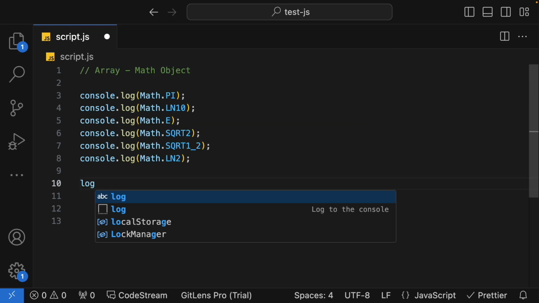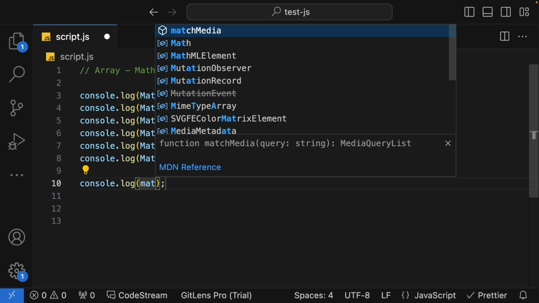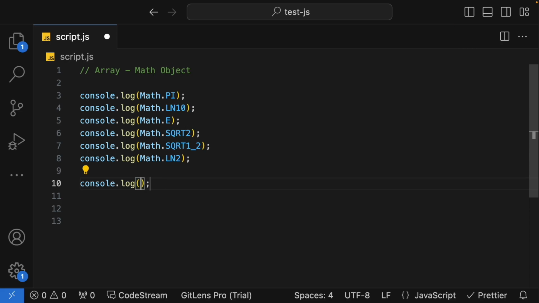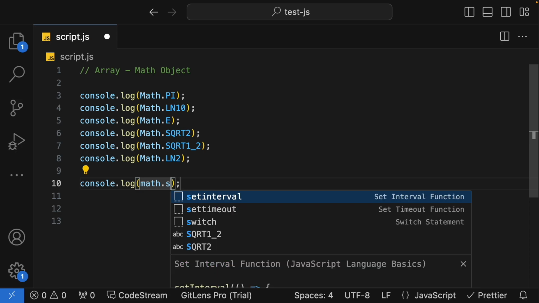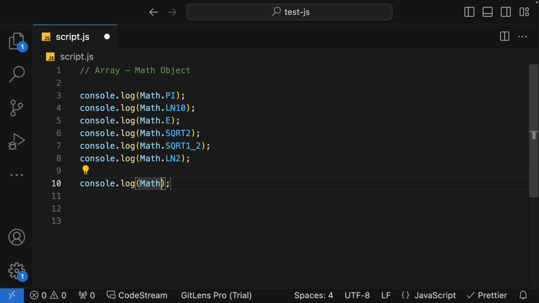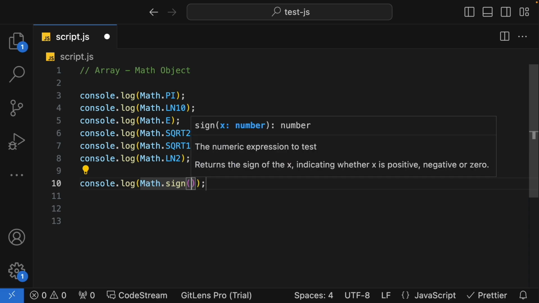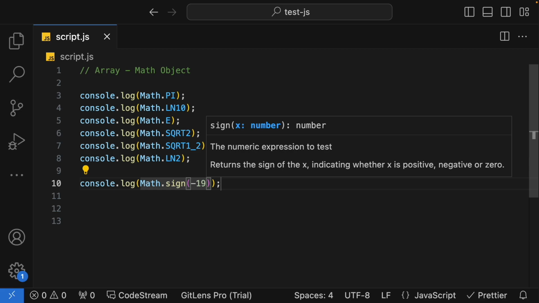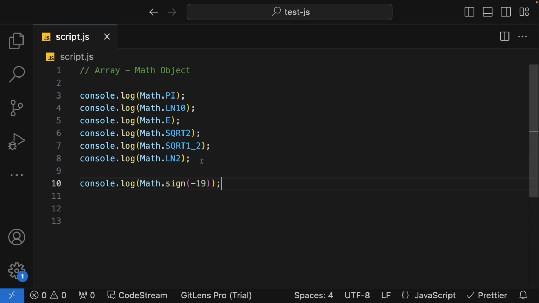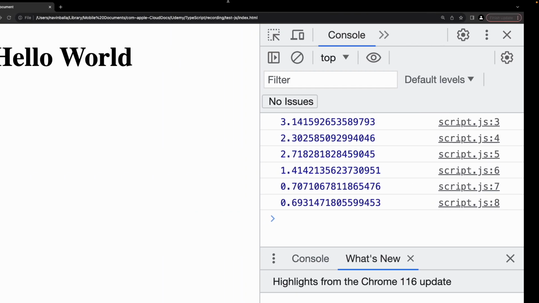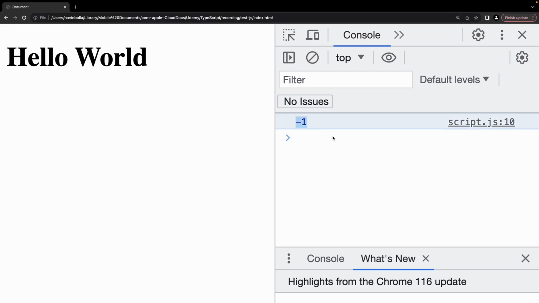Okay, let's have a look at the methods. Here there is one method available called Math.sign. Let me just correct it. What exactly does it do? It returns the sign of x, indicating whether x is positive, negative or zero. If you pass any particular number, it will tell us whether it's a negative or a positive number. Let's say I'm giving -19 here. Let's see the output. I'll comment out the above part to make it simpler. I'm getting -1.